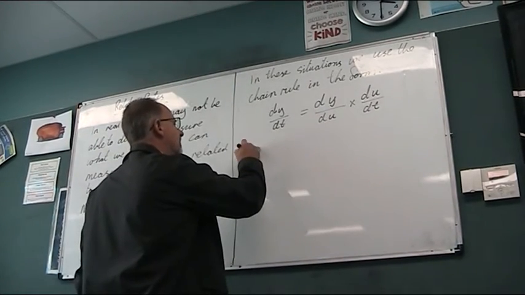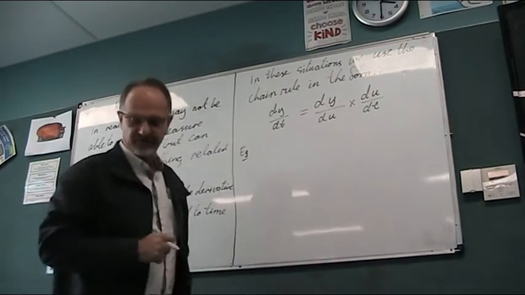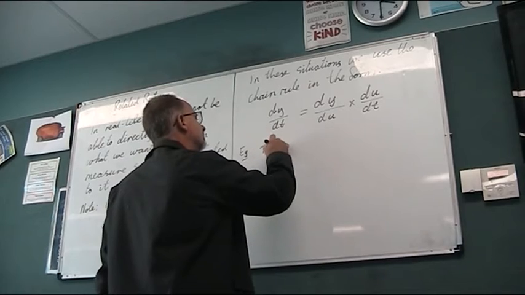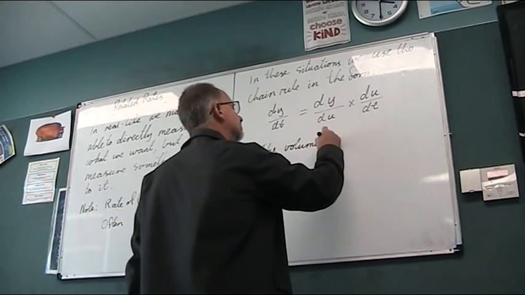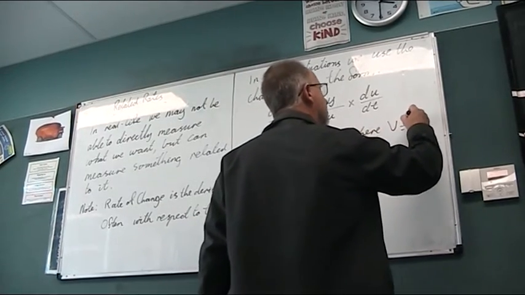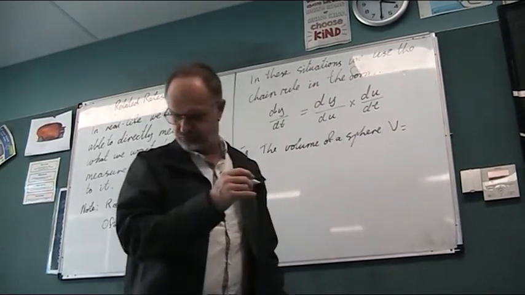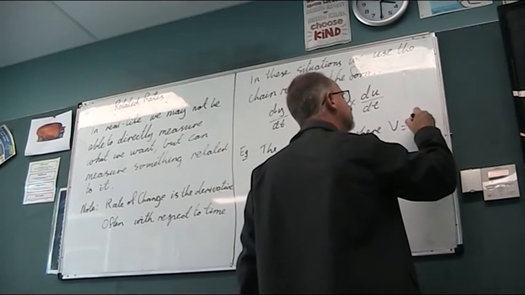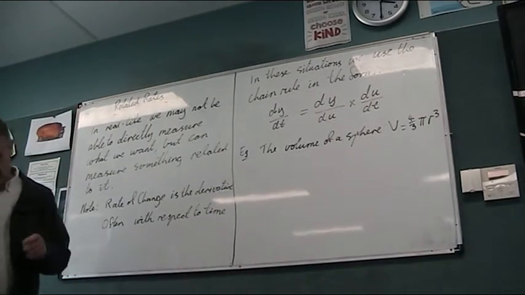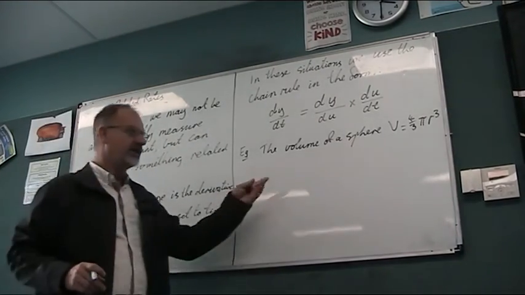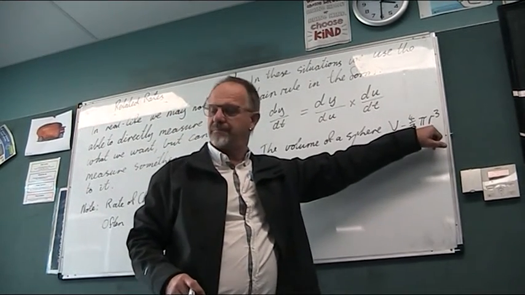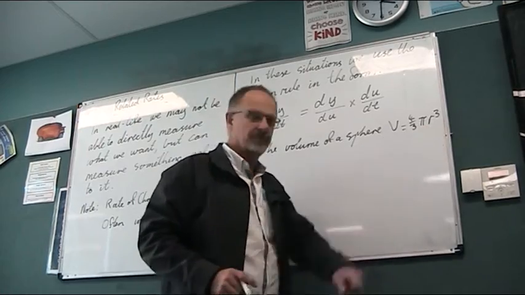The example might be if we want to know the rate of change of the volume of a sphere, and that's V equals 4/3 pi r cubed. It might be difficult to directly measure how this volume changes with time, but the radius might be more easily measured.